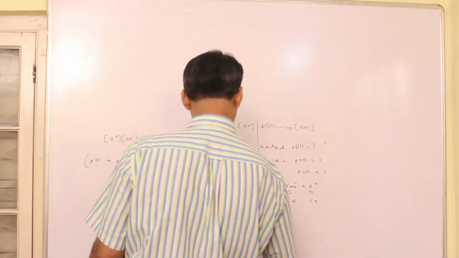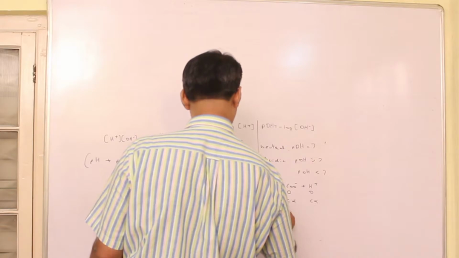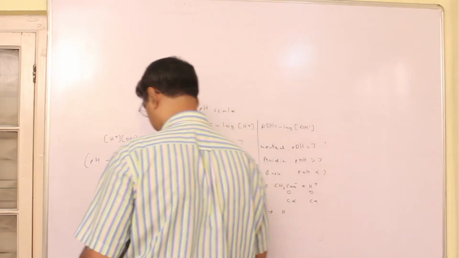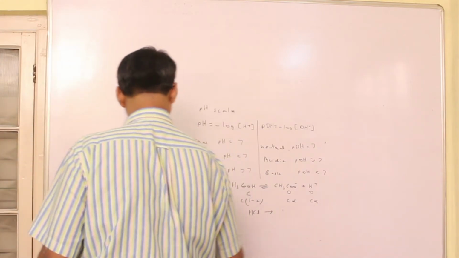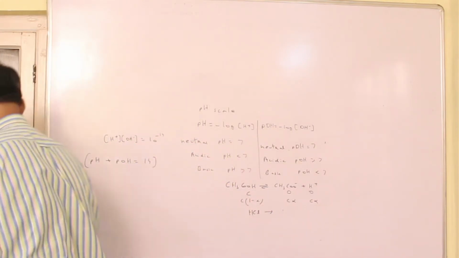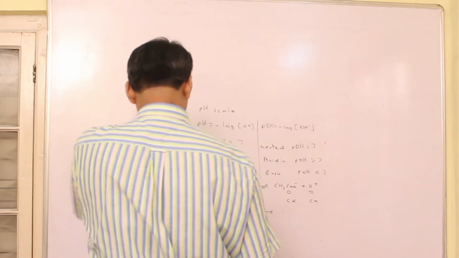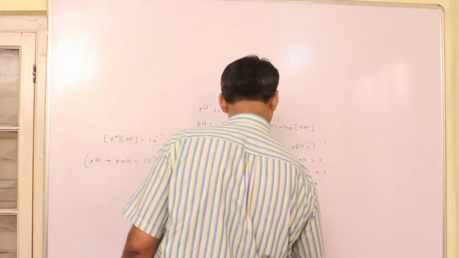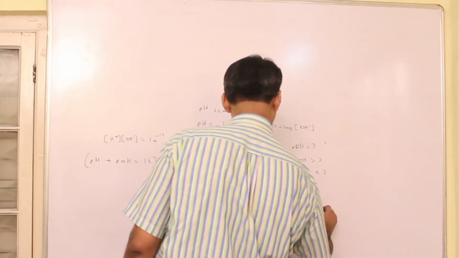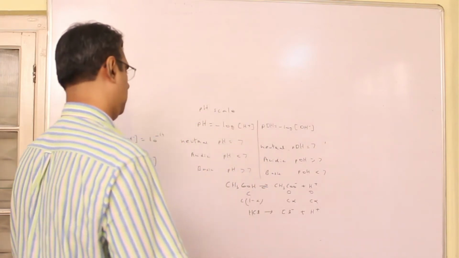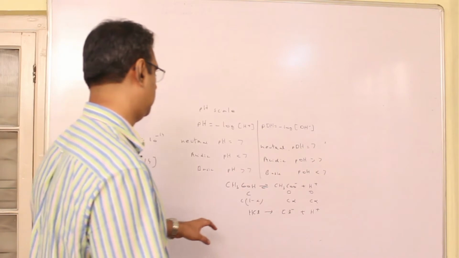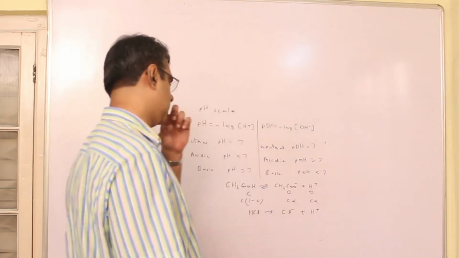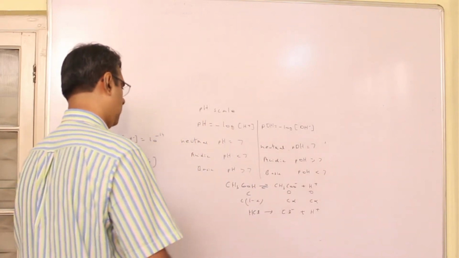Now in this reaction mixture, if you add HCl, you know HCl is a very strong electrolyte.